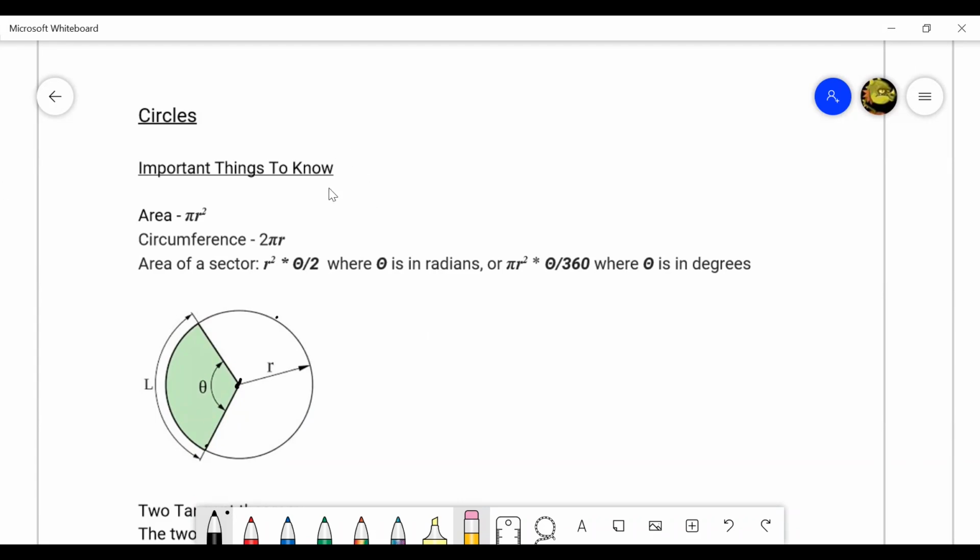You'd find this area by taking the degree measure that the arc makes up, dividing by 360, and multiplying by the area of the circle. It's very intuitive. If the degree measure is 60 degrees, then it's 60 over 360, or 1/6 of the area of the circle, meaning the area of the sector would be 1/6 the area of the entire circle. All right.